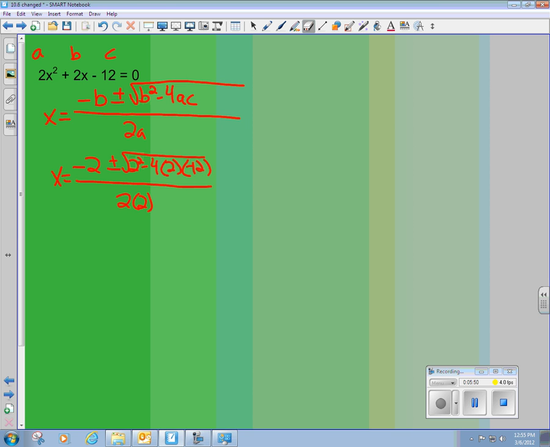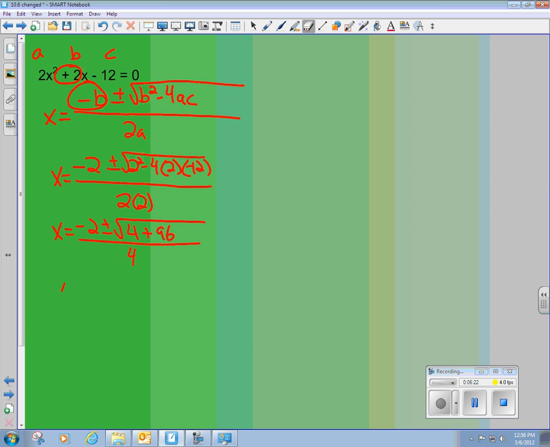One thing I want to point out with this negative b: if this starts out as, say, a negative 3, that means it's a negative negative 3, so it becomes positive. Okay, so now doing some of our math here, x equals negative 2 plus or minus the square root of 4, and then negative 4 times 2 is negative 8, times negative 12 is 96, so we get plus 96, all over 2 times 2, which is 4.